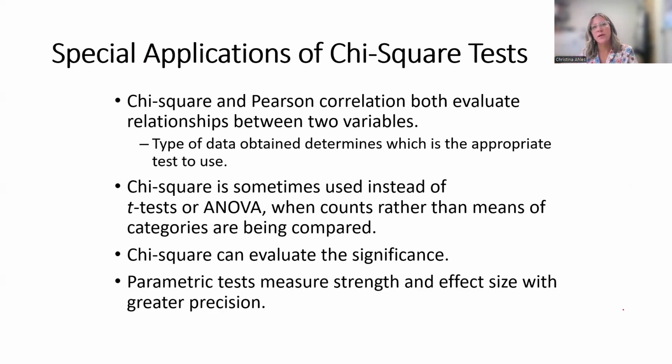So there are times when chi-square is necessary. Basically chi-square and Pearson can look at those relationships, which is beneficial. Sometimes we'll use chi-square instead of a t-test or ANOVA when there are frequencies with categories, and we have to exchange the values for frequencies. So maybe you accidentally ask someone for a category, like what was your last exam score?